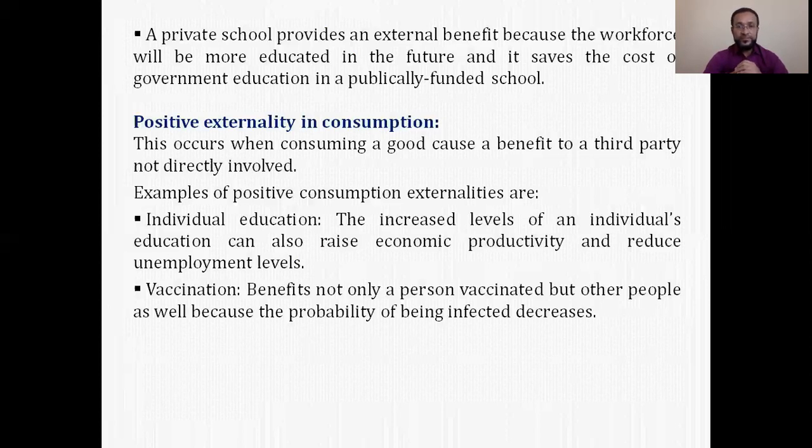Next is vaccination. Benefits not only the person vaccinated but other people as well, because the probability of being infected decreases. Here, if someone takes a vaccine, he is supposed to be safe. Since he's safe, there is no probability of spread of the virus or the disease through that person, since he already has taken the vaccine.